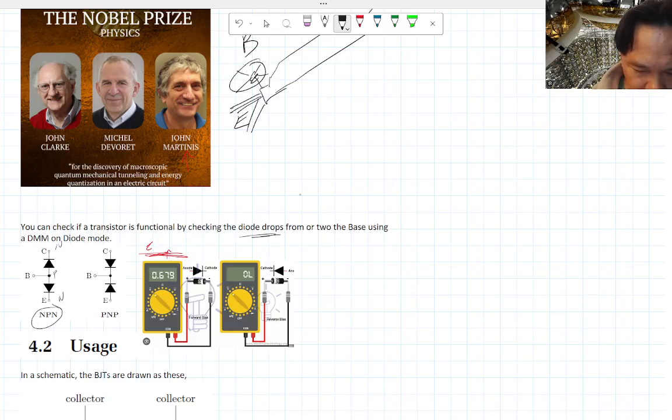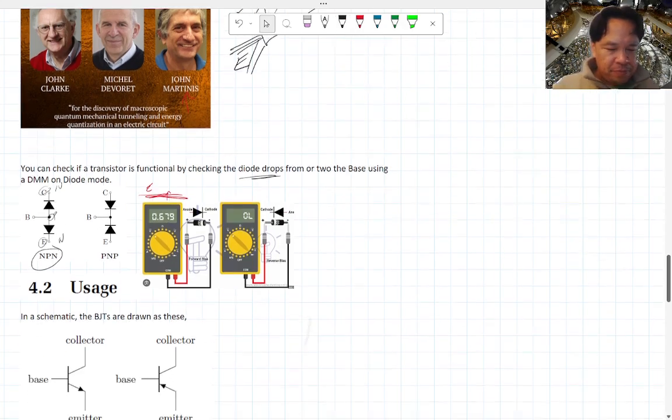So you basically just connect the red to the middle here all the time, and then you check the collector and emitter, and whether or not you're getting this 0.65 volts. If you connected it backward, you just get an out of limit on your multimeter. If the transistor is actually broken on one side or the other, you also get this out of limit, or you get some weird other voltage, let's say maybe like 0.1 volt or something like that.